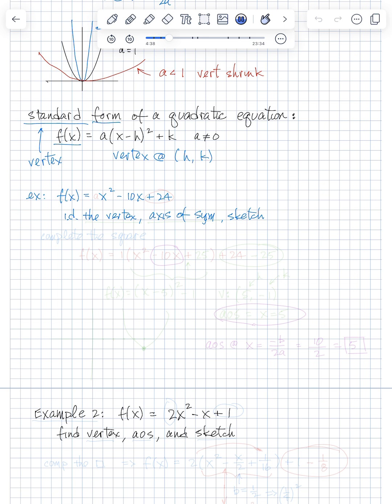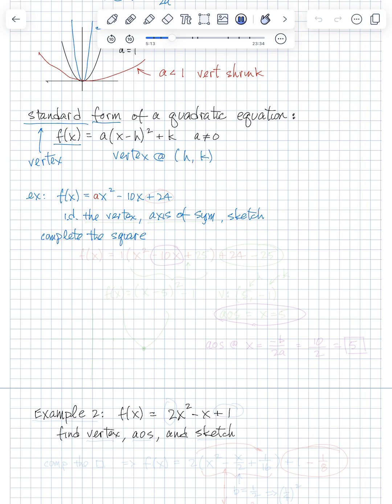Okay, so a problem like this, the first thing you want to do is put it into the vertex form. So how do we do that? Well, we just complete the square. And by completing the square, that puts it into vertex form. So notice in this equation, if I put an a here, the a is 1.